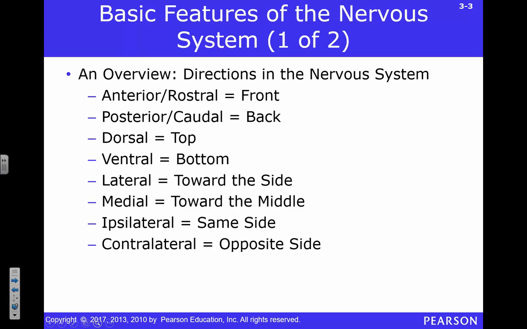How many of you know directions of the nervous system? Great. How many of you don't know that? That's great too. I'm not going to spend any time on this. If you need to go back and study these, please do so. I'm not going to, in the middle of class, go through some complicated conversation about whether something's dorsal or ventral to some other structure. That's not really the point of this class.